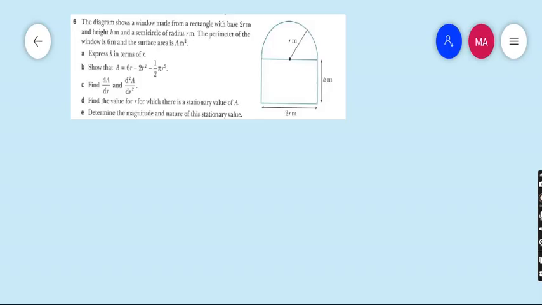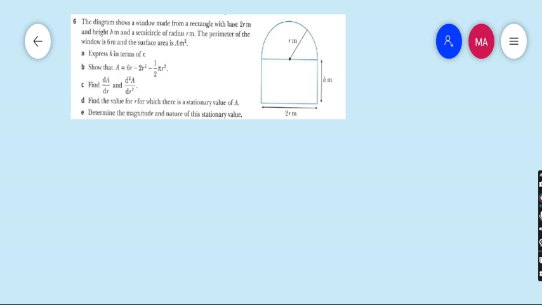You can see on your screen the diagram shows a window made from a rectangle with base 2r meter and height h meter and a semicircle of radius r meter. The perimeter of the window is 6 meter and the surface area is A meter square. Express r in terms of h.